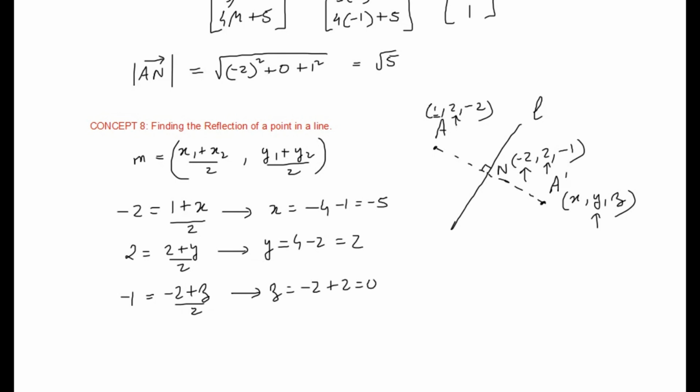So the coordinates of A dash are negative 5, 2 and 0. And if they want you to write down the position vector of that point, that's OA dash. We just have to write the coordinates in vector form. So negative 5i plus 2j, and 0k we don't have to write.